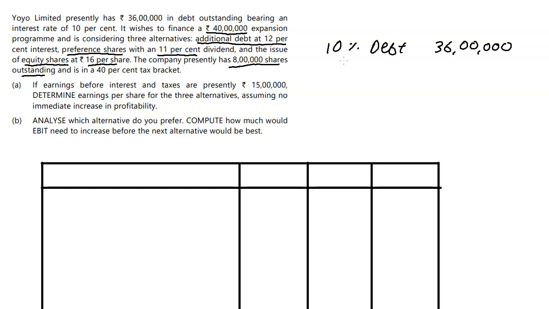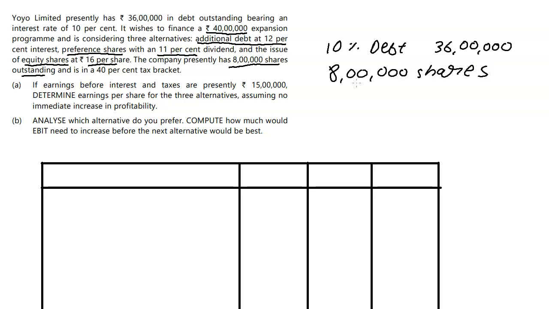So it doesn't really matter what the face value is, because more than the share capital, we want to know the number of shares. Alright, I hope you all don't mind a lot of firecrackers in the background. We have 8 lakh shares.